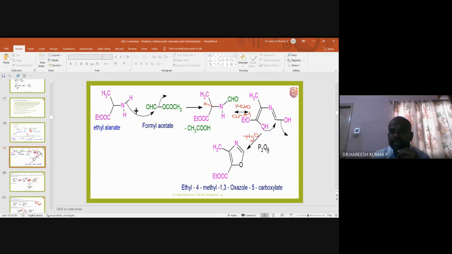This intermediate, when it is treated with phosphorus pentoxide, a dehydrating agent, removes water. More particularly, OH and H are going out. There will be a new bond formation between this oxygen and this carbon.